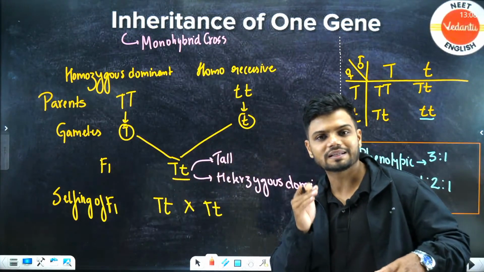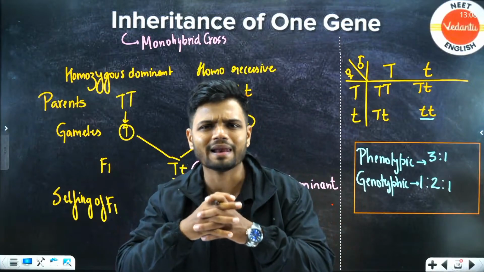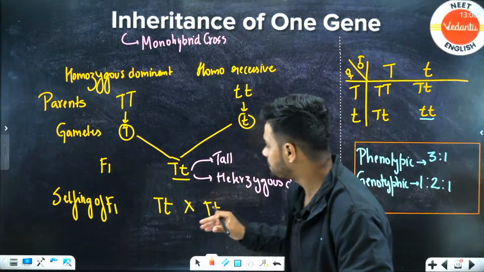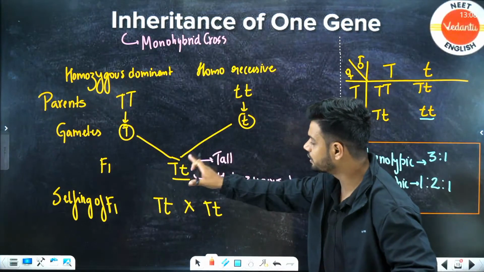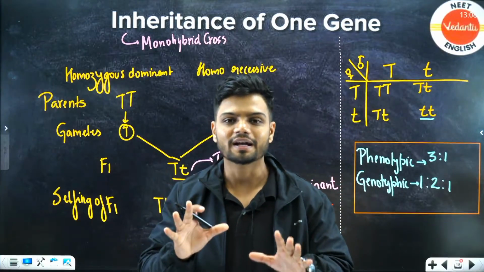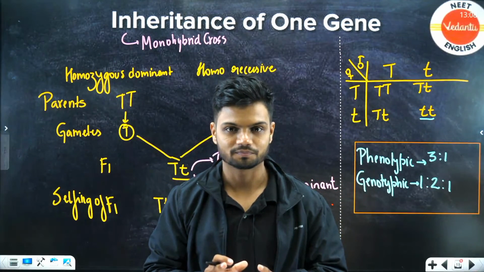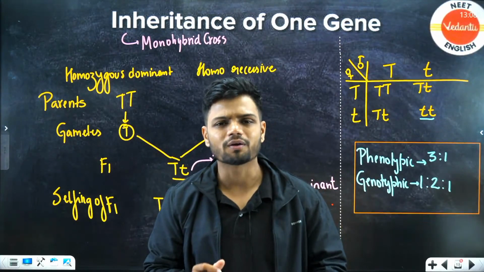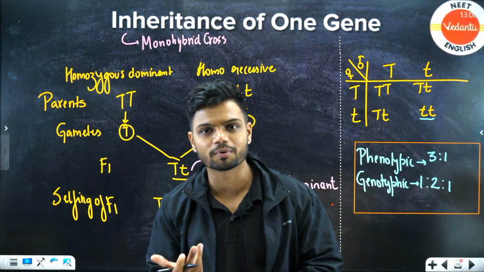Now, are this capital T and small t blending? No, they do not show blending. Capital T is individual, small t is individual. Individuality is maintained. How can I say they do not blend?